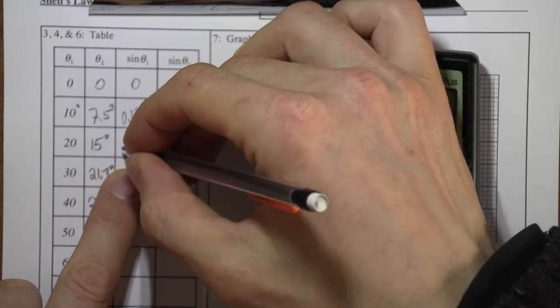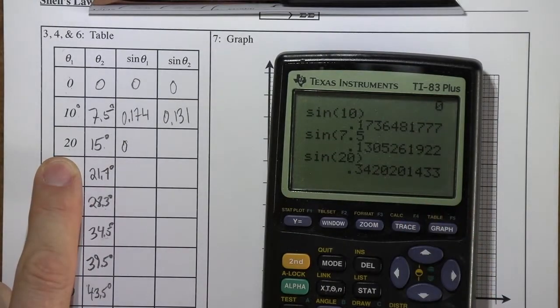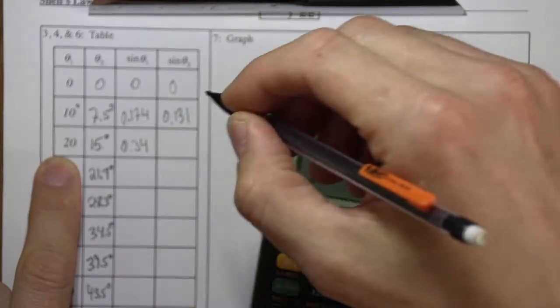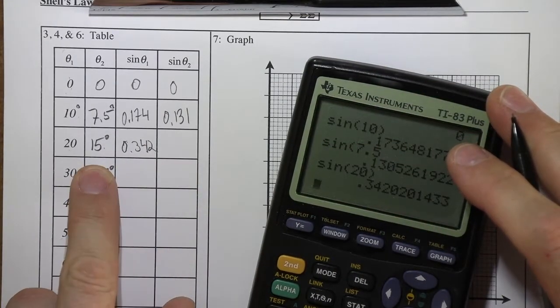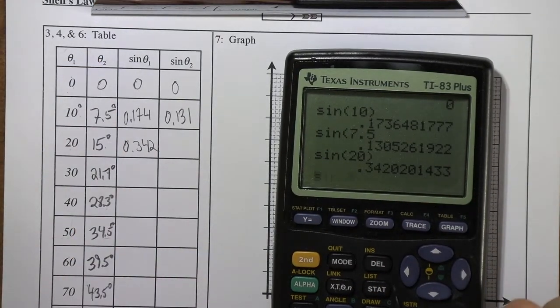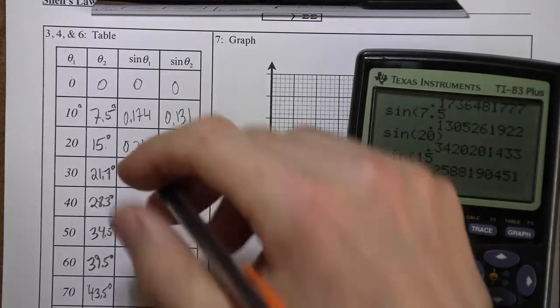But of course, you have your own numbers, but you're taking the sine of this column here. And then here, the sine of 15 degrees, but of course, whatever value you have for the third theta 2. So mine's 15, and I get 0.259.